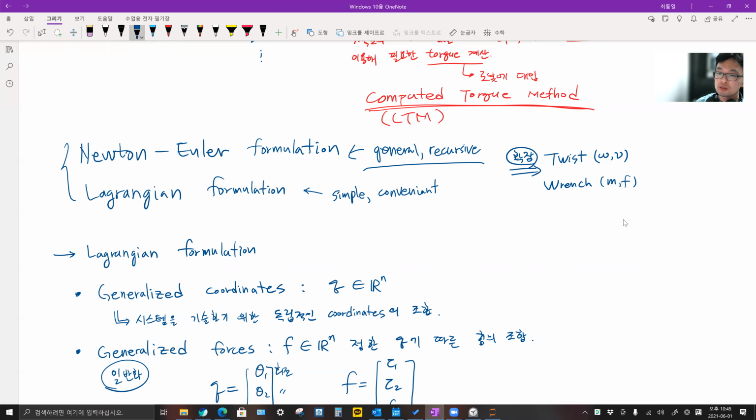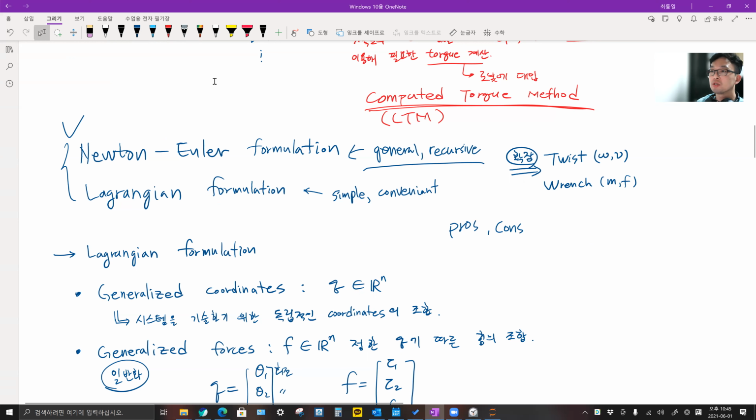But there are pros and cons. So sometimes I prefer to use these two together. If we make some dynamic equation, I recommend you use these two.